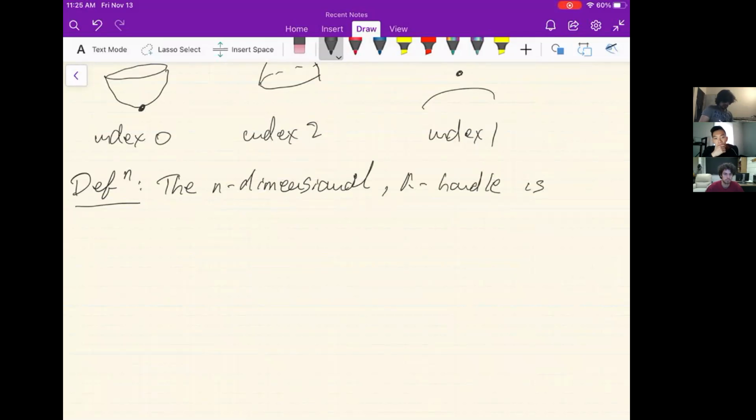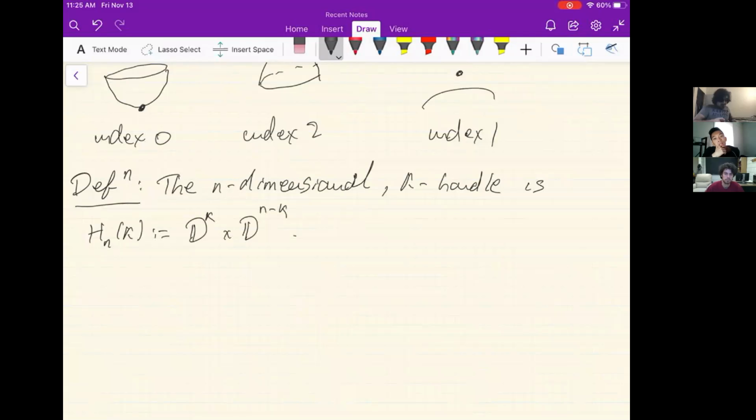Okay, so n basically stands for the dimension of the manifold itself. K stands basically for the index of the critical point that I'm passing through. It's basically given by h_k. Let me write it as D^k × D^(n-k).